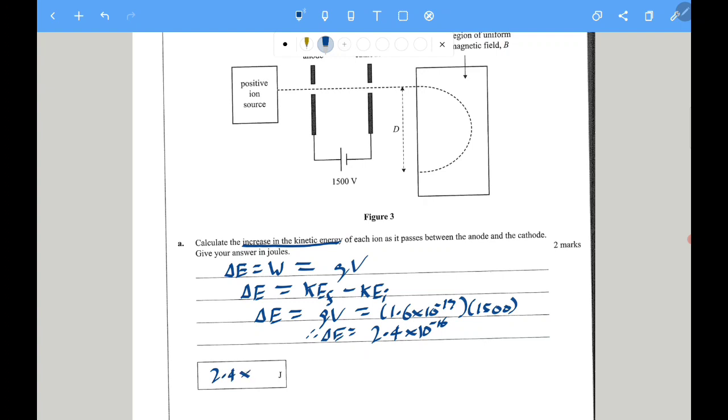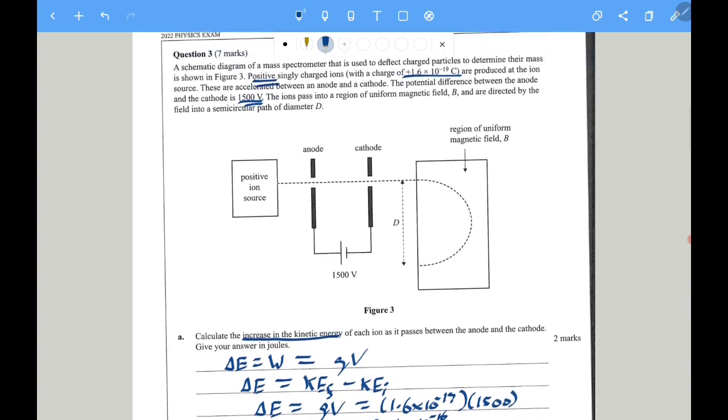Right, so we will get 2.4 times 10 to the power minus 16 joules as our answer.